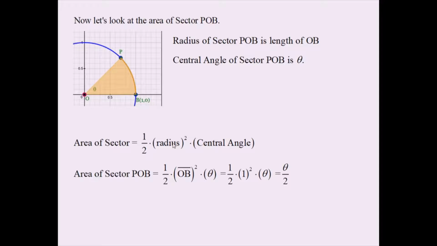In this case, the radius will be the length of OB, which is 1, and the central angle is just theta. Therefore, the area of the sector POB would be 1/2 times 1 squared times theta. All of this will simplify to just theta divided by 2. And therefore, the area of the sector POB will be theta over 2.